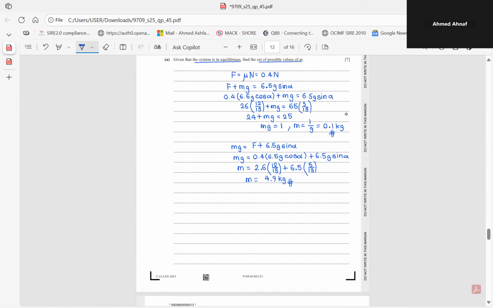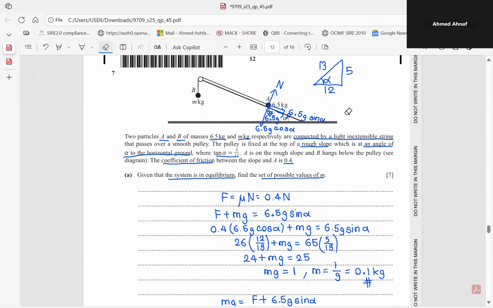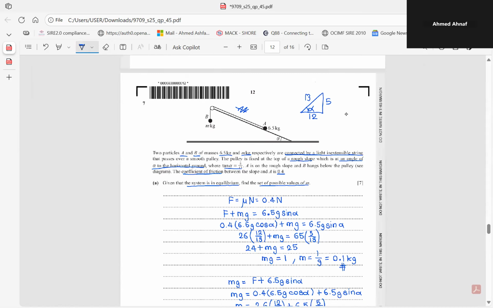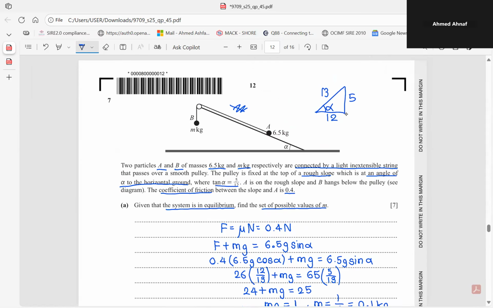Okay, so let's clean up all this. Basically, we're assuming that they're moving upwards.